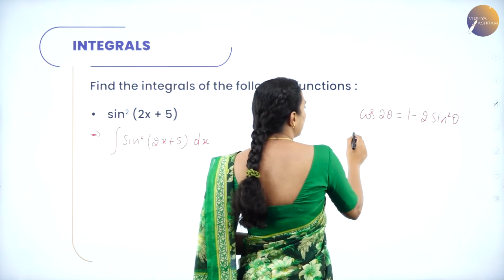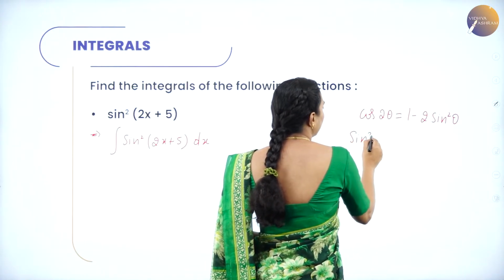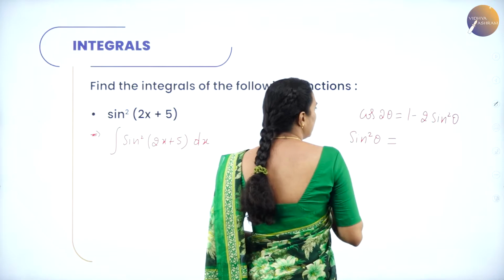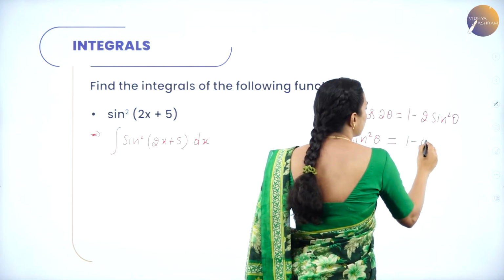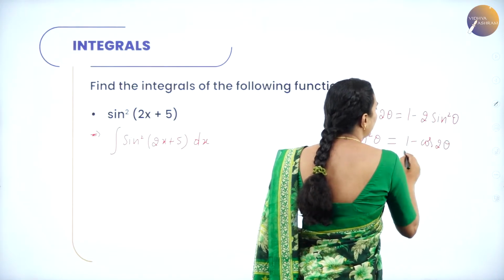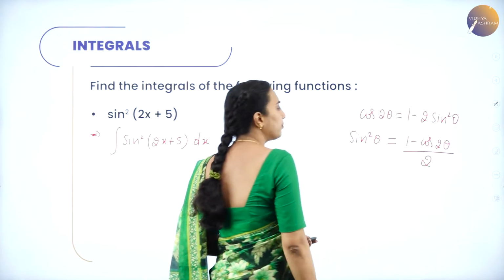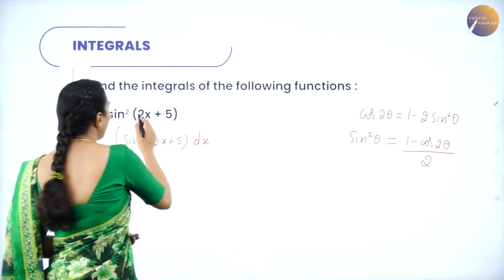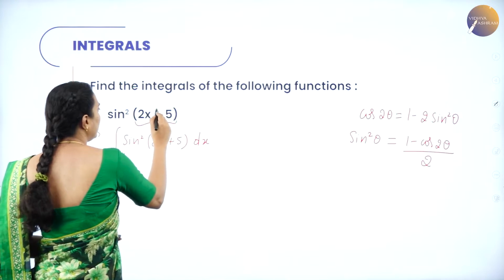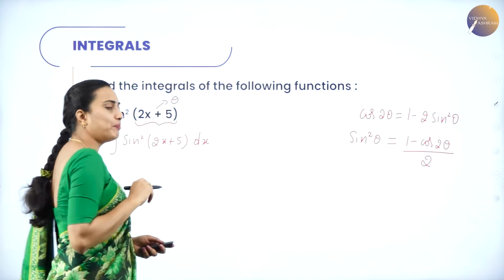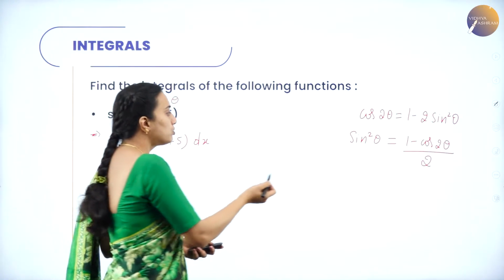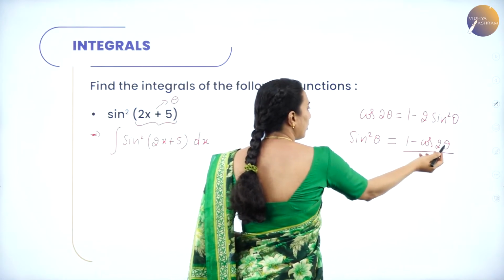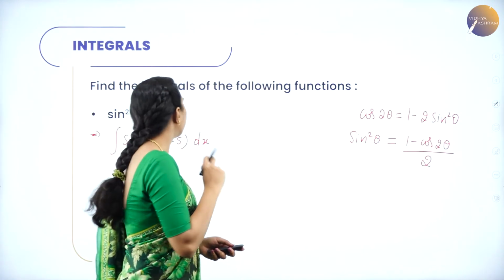Now, taking sine squared theta, it will be equal to 1 minus cos 2 theta divided by 2. That's it. So, in this form, you are going to write it. Now, theta is replaced here by 2x plus 5. So, wherever you find theta, you are going to replace it with 2x plus 5.